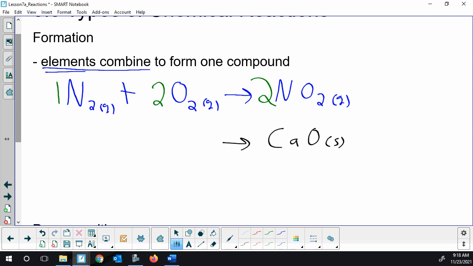So then we have to think of the elements that would make up calcium oxide. So first we need to have calcium all by itself in its elemental form. Metals come in 1s and they're solid. Again, just for emphasis, I'm putting in or reminding you that that's a neutral piece of metal.